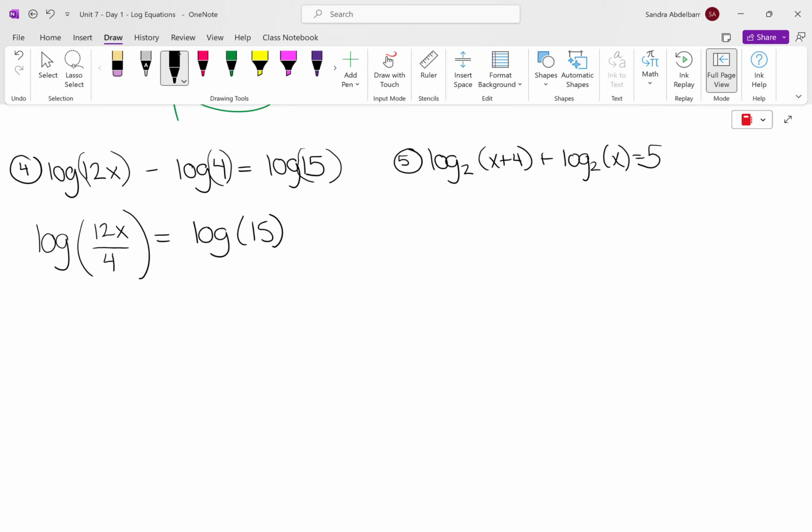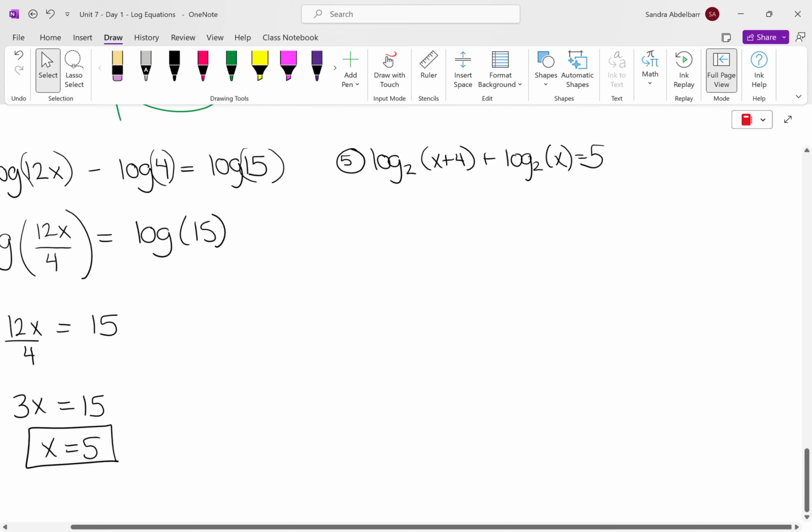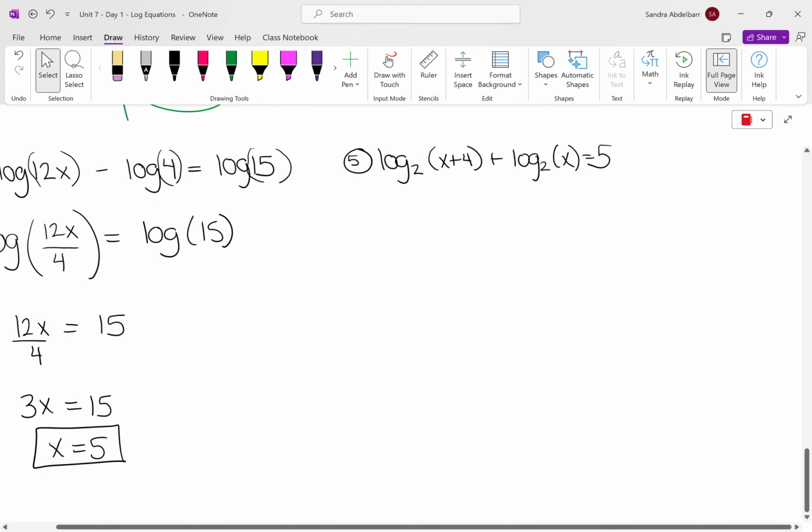Once you get it down to 1 log and 1 argument on both sides, and they have the same base, now I can just set the arguments equal. So I have 12x over 4 equals 15. But what's 12x divided by 4? 3x equals 15, so x will equal 5. How many people got that? Perfect. Who needs another minute for number 5?